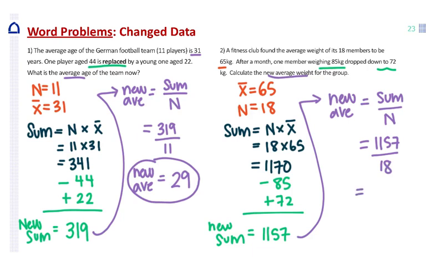We do our new calculation to find our new average weight, and we expect it to go down since this guy's weight dropped, and it goes down to approximately 64.3 kgs. Okay, so those are the very common, typical ways we might ask word problems related to the mean.